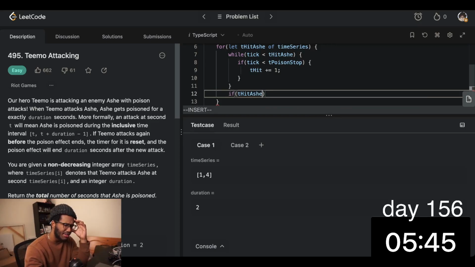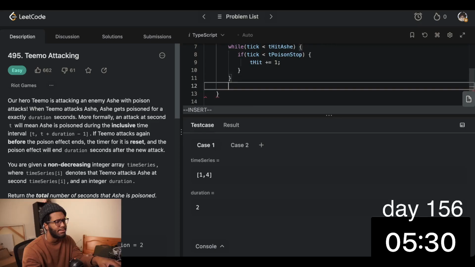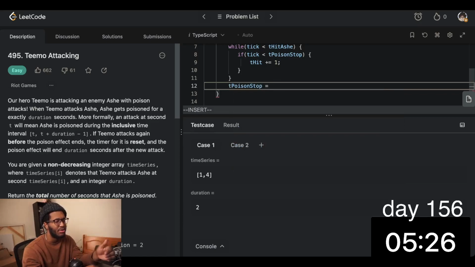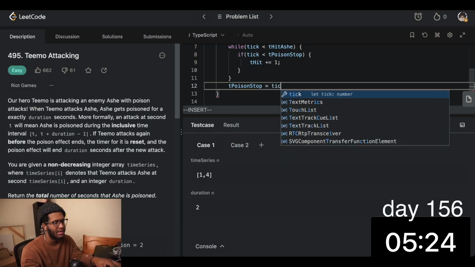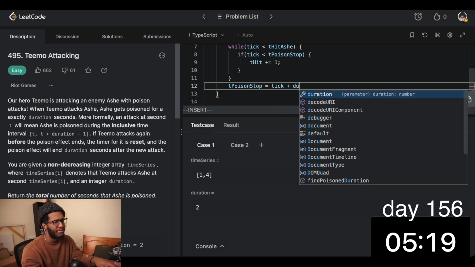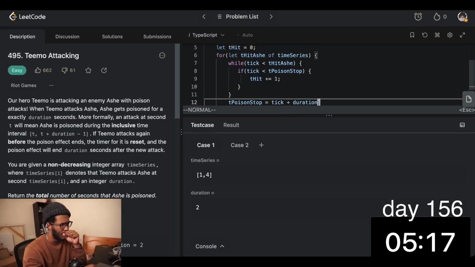If T hash is less than... down here, we'd say T poison stop would be equal to tick plus duration.